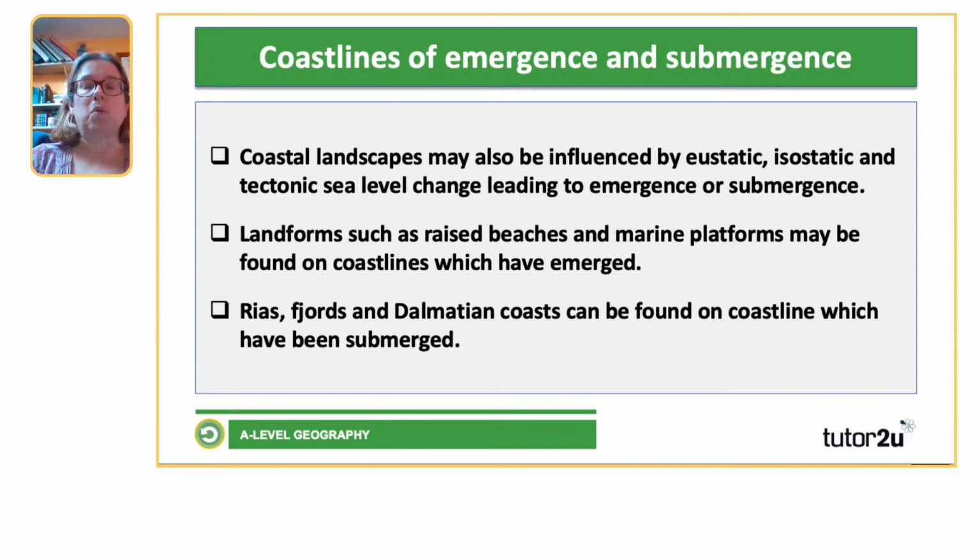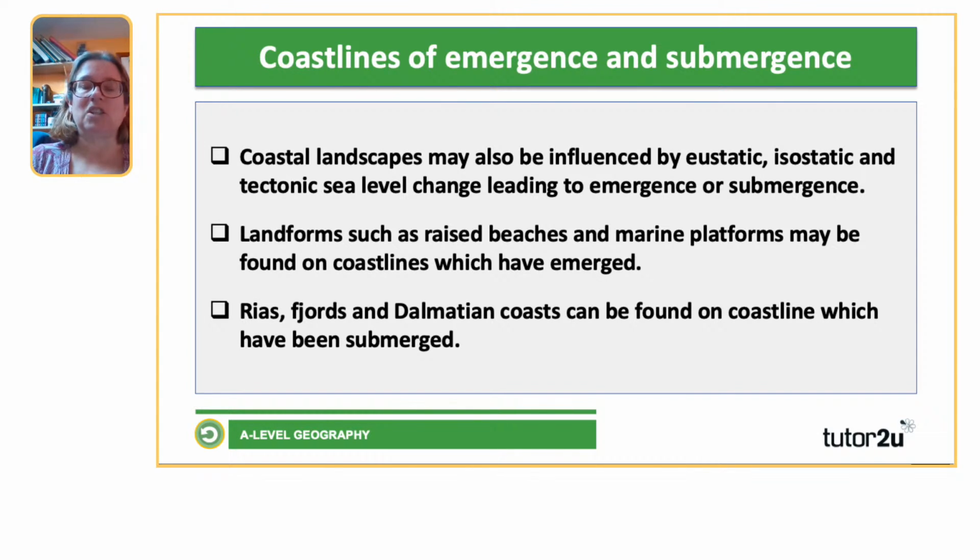And with coastal landscapes, they might be influenced by eustatic sea level change, which is to do with the sea level itself, that can get higher or lower according to the global temperatures. So if we are at a time like we are now, where things are getting warmer, we've got the ice moving from the cryosphere into the hydrosphere, and we've got the sea levels rising.